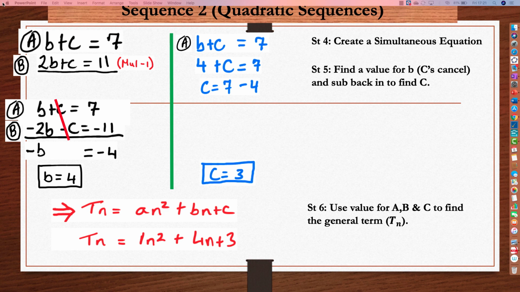Right, I want you to do this. The one you just did, in your copies there. Finish it off. Get a value for b, get a value for c.